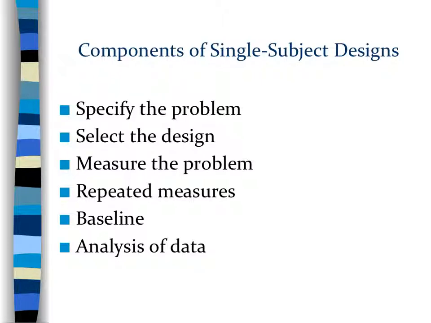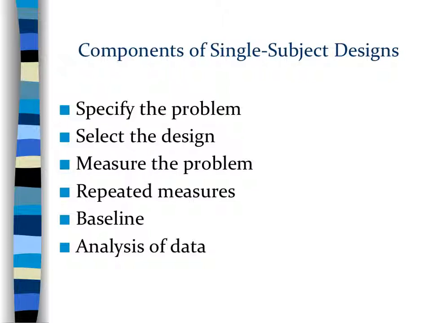The next component is description of conditions, or specifying the problem. We need to make sure that we have a clear, detailed description of the conditions of measurement, and the nature of the treatment is needed to strengthen internal and external validity. We also must have a baseline and a treatment condition.